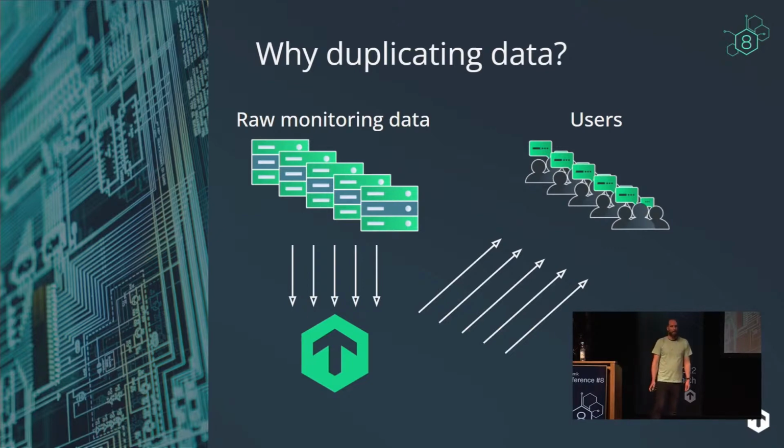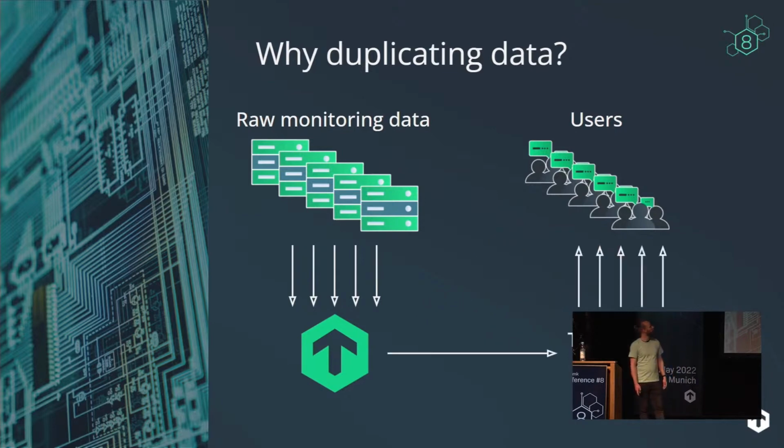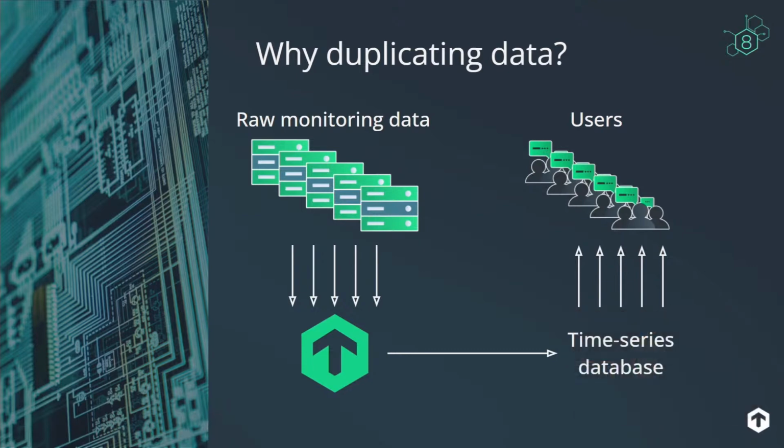By separating them, you could distribute your workload into two separate things. You'd write it on Checkmk, distribute it one time to, for example, a time series database, and then let the time series database handle the workload of constantly serving the data to all your users worldwide.